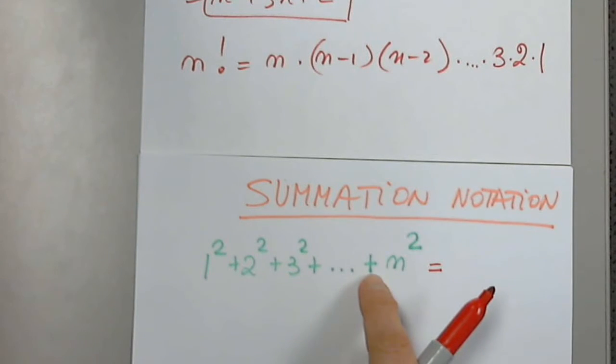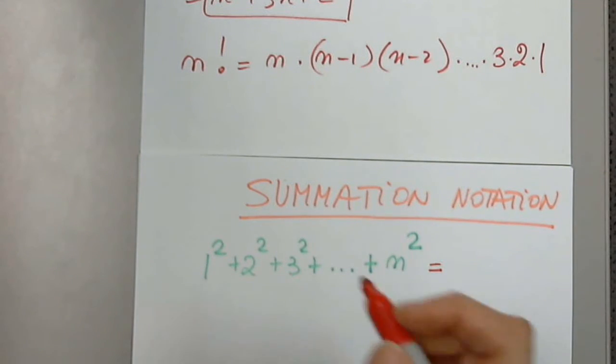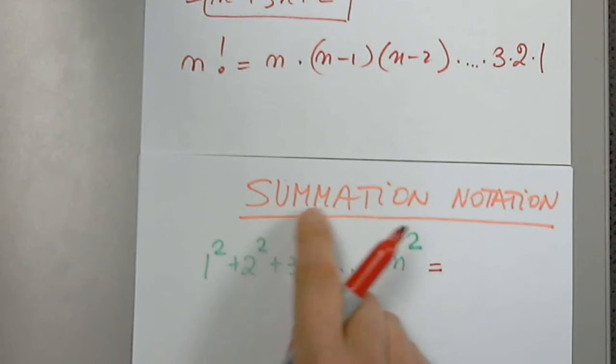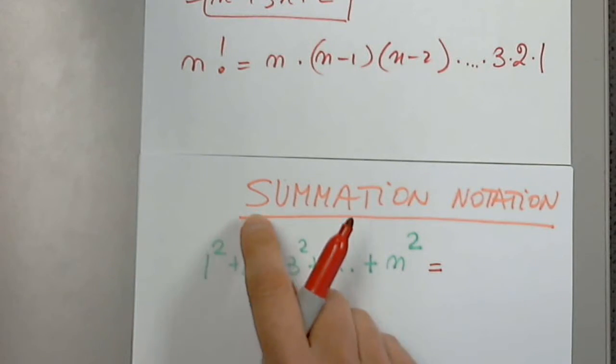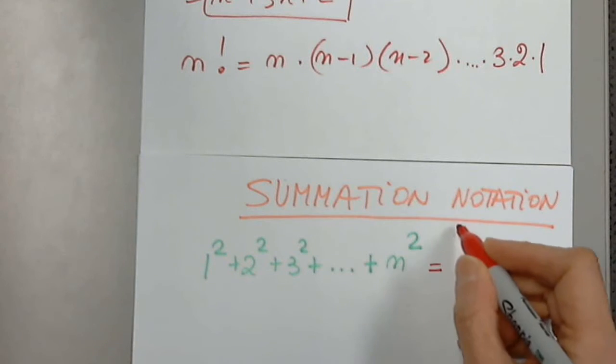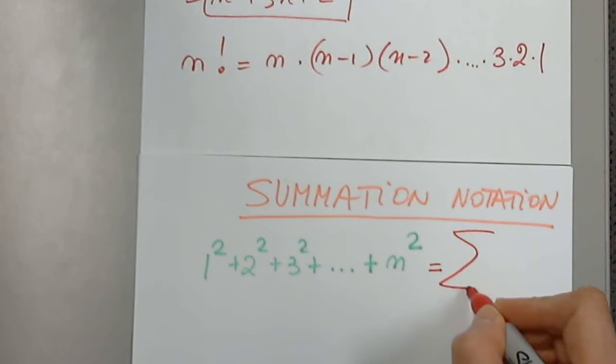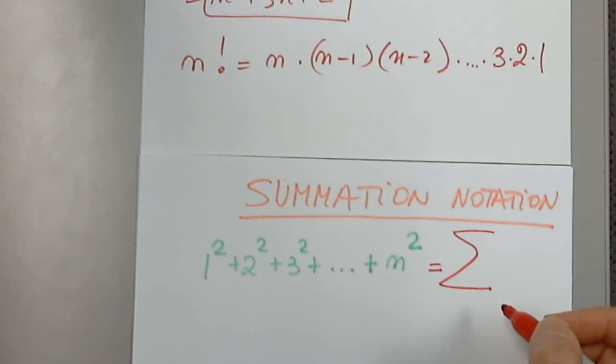Because this is a sum, we're going to use a letter that is an S, but it's not the Latin S, but the Greek S. So we're not going to use S, but we are going to use this S. Still an S, but it's a Greek S, standing for sum.